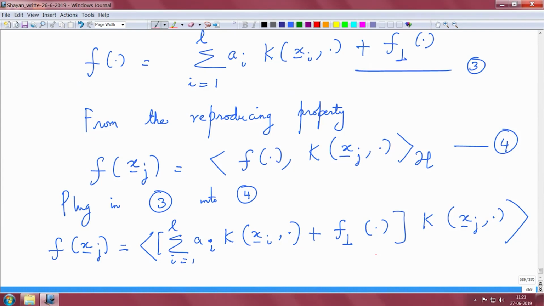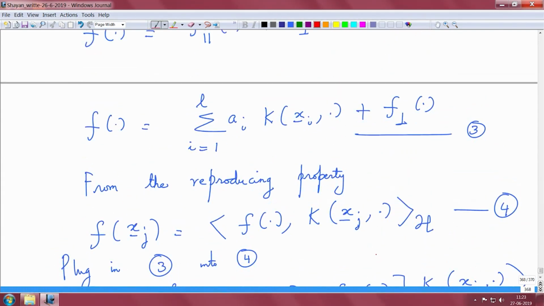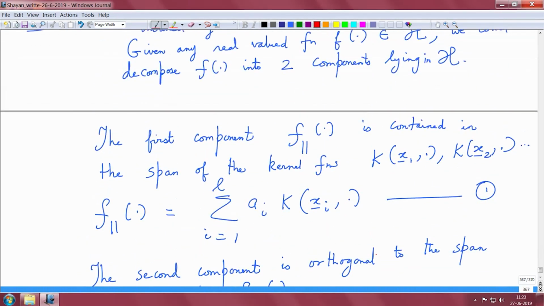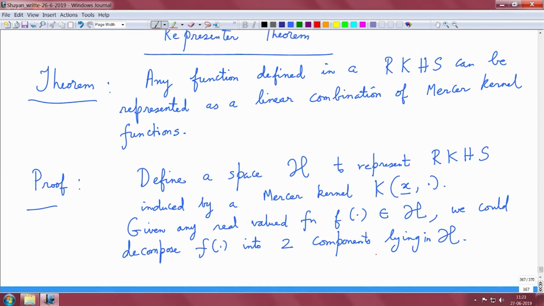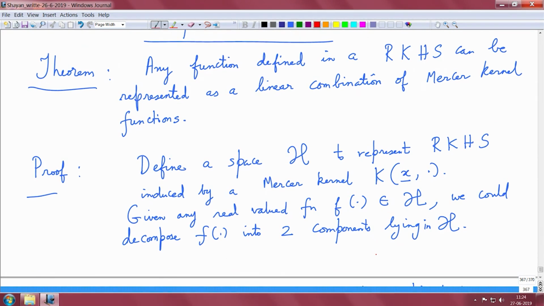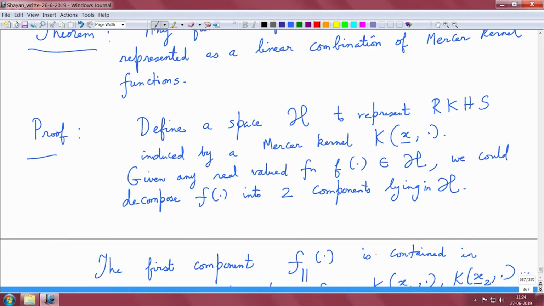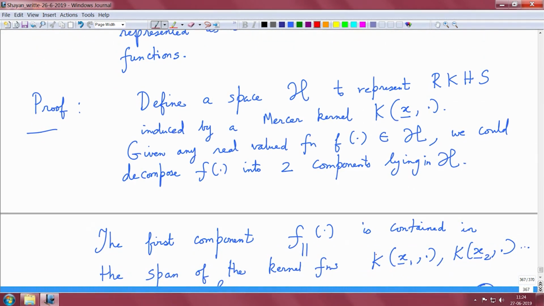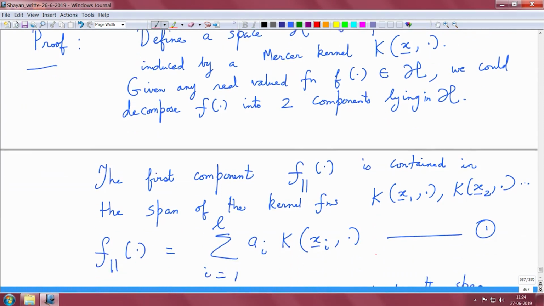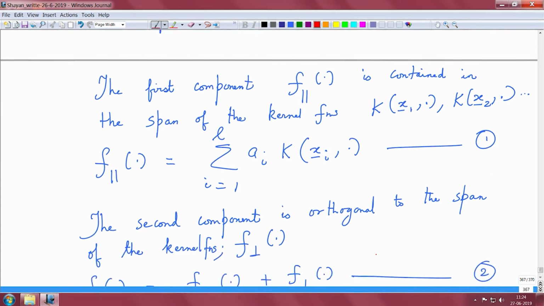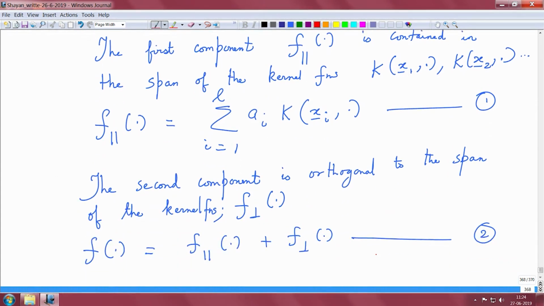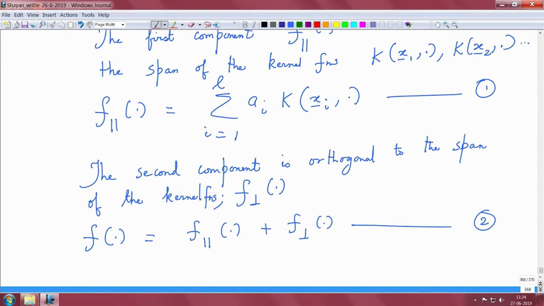I think what we have done is pretty straightforward. Just to summarize, this is a very important result. I define a space to represent the reproducing kernel Hilbert space induced by a Mercer kernel, and I take a real valued function belonging to this space and decompose it into two components. One lies in the span of the kernel functions and the other lies in the space orthogonal to the kernel functions, given by f perpendicular.